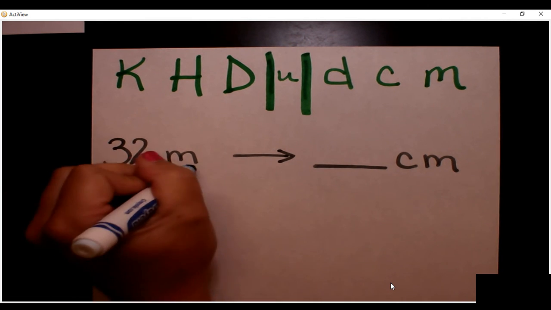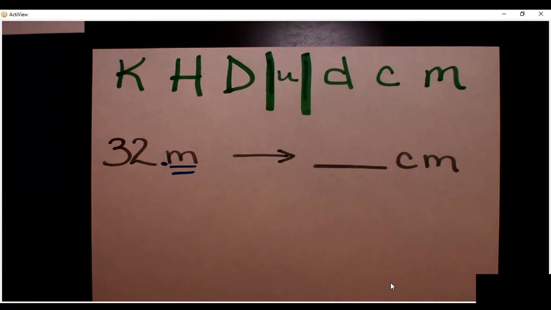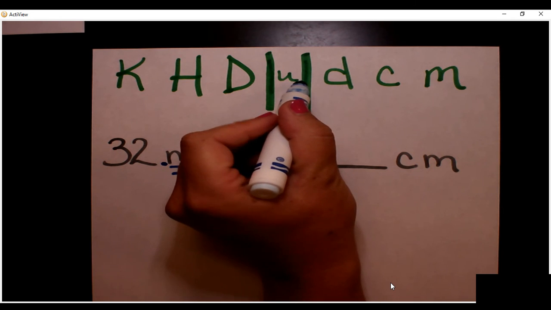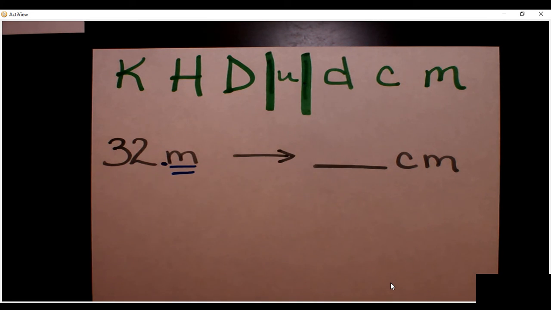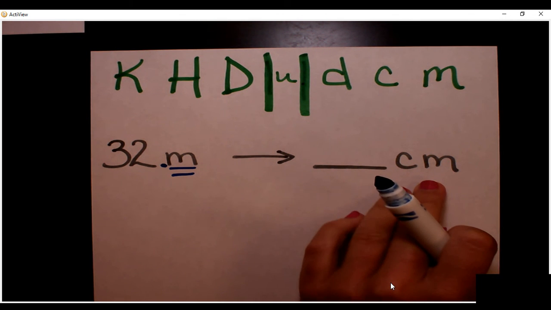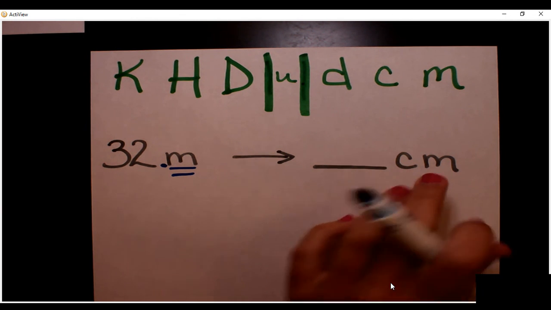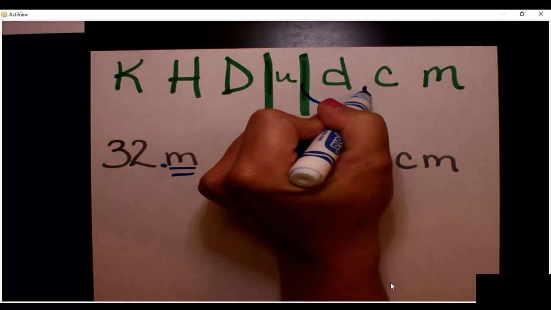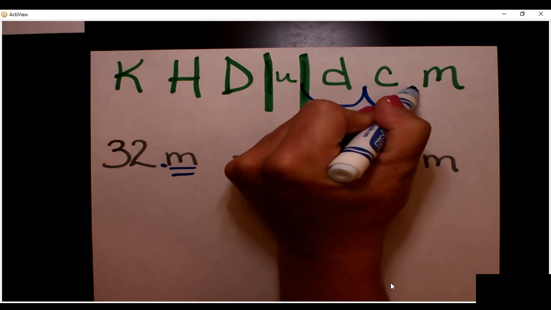Because this is a meter, I know I'm going to start at my base unit. So what I'm going to do is on the right-hand side of my base unit, I'm going to act like there's a decimal point there. And I'm going to move my decimal point until I get to centimeter. So I'm going to move my decimal point 1, 2.